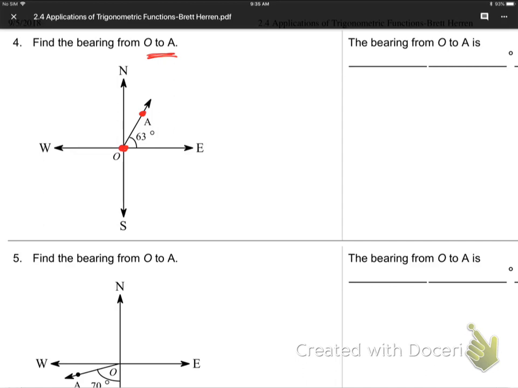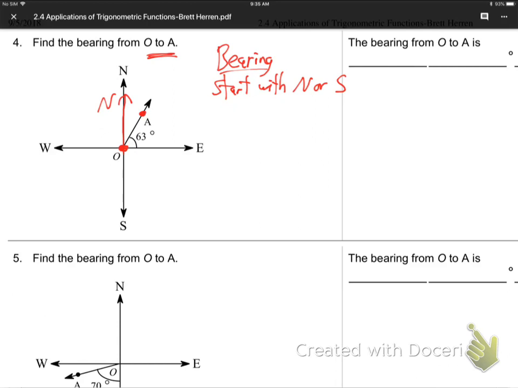Well, the way a bearing or a heading is stated is you always start with north or south. I don't know why they did it that way, but that's just what they did. So you say, all right, I'm headed north, and then you give how far off of north you are. Or you say, I'm headed south, and then you give how far off of south you are. So you always start with north or south.